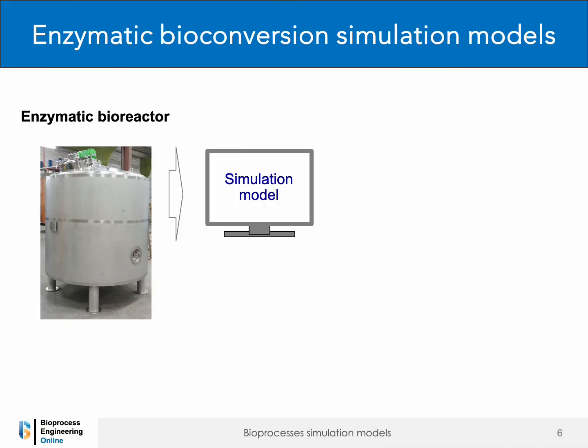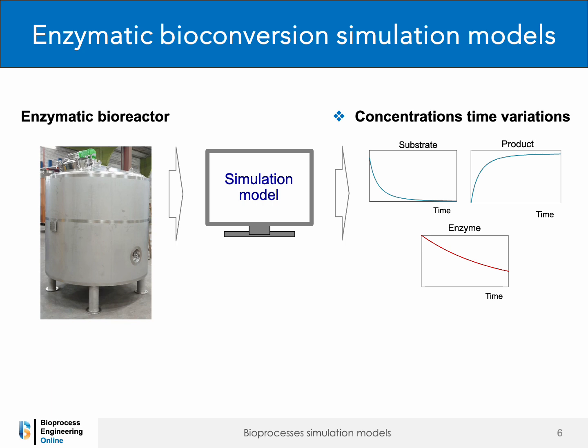At the core of the bioprocess engineering simulation strategy lies the creation of simulation models, specifically tailored for reactors that implement the biotransformation step. Specifically, in the case of enzymatic bioconversion, the bioreactor simulator is designed to forecast the temporal changes in substrate, product, and active enzyme concentrations throughout the bioconversion process.